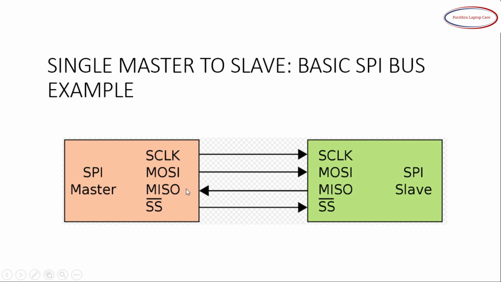Both are the same, but one is master and one is slave. See, from master, clock will go to slave clock. Master out, slave in also goes to master out, slave in on the slave. Master in, slave out comes from slave. Okay, the chip select, the master will select the particular slave, that's called SS.